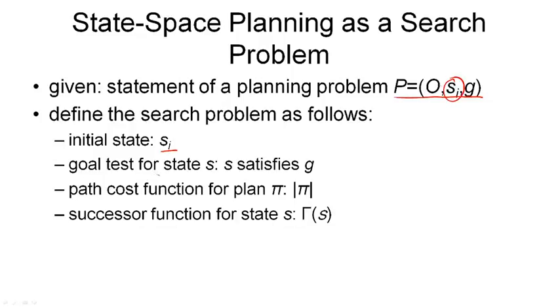Then we need a goal for our search problem, and we define a goal test here, namely the test that S satisfies G. So the state that we're currently searching must satisfy the goal. Then we can define a path cost function for our search, and that is simply the length of the plan we're currently looking at. Implicitly, this means that all actions have equal cost here, and that is why the path cost function as the length of the plan works. And the final component we need is a successor function, and the successor function, denoted gamma of S here, is what we will define next.